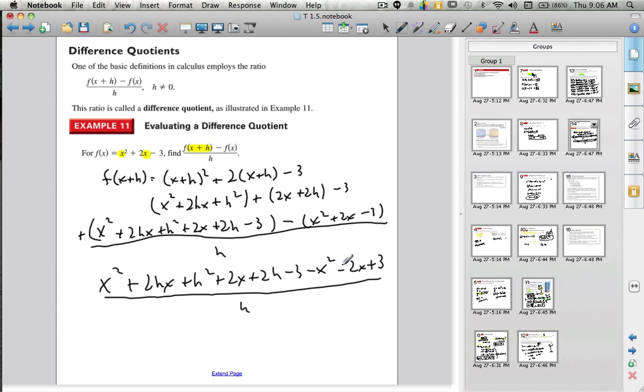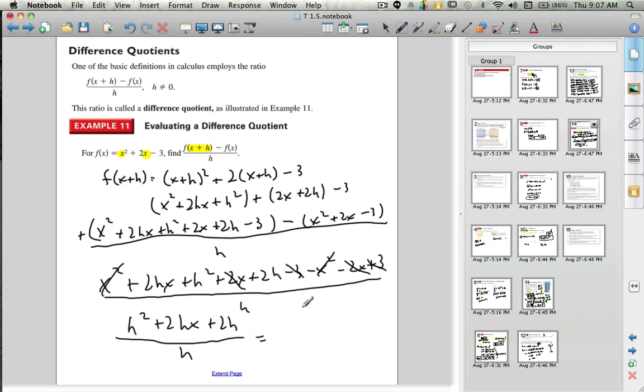When we continue on, combining like terms, I see the 3 and the minus 3 are going to cancel each other. The x squared and the minus x squared cancel each other. And I have 2x minus 2x, those cancel each other. And so I'm going to get h squared plus 2hx plus 2h, all divided by h.